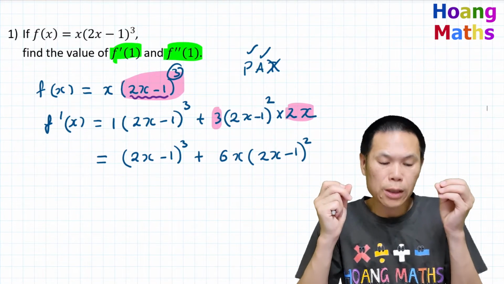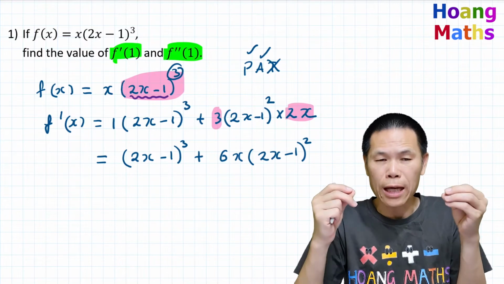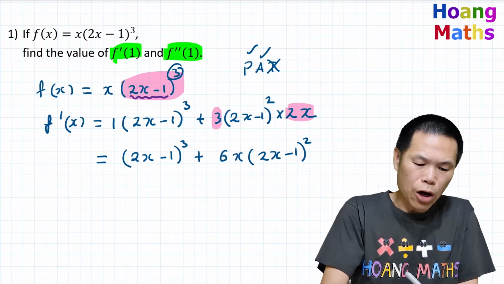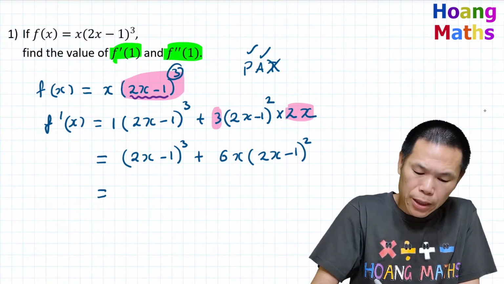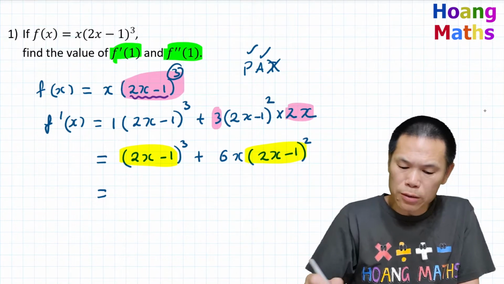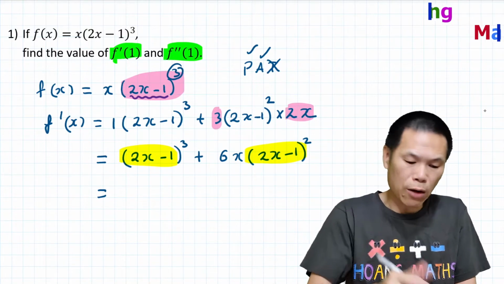So now what I do is I'm going to simplify a bit further by taking out a common factor so that I can find the second derivative easier. So let me just take out the common factor first. So the common factor for this is (2x minus 1) power 3 here, and we have (2x minus 1) power 2. So we take (2x minus 1) power 2 out, okay?